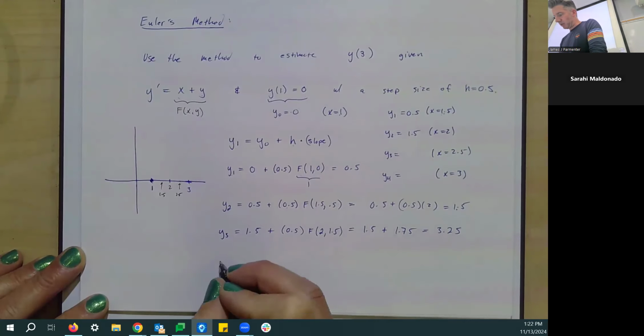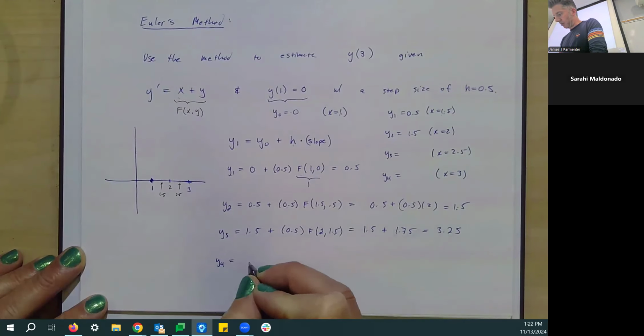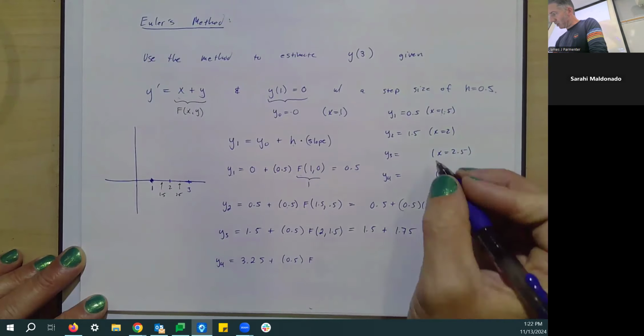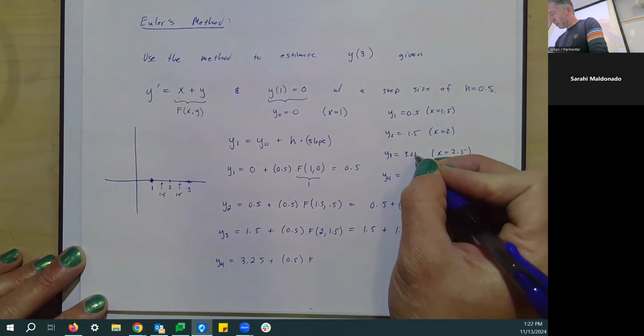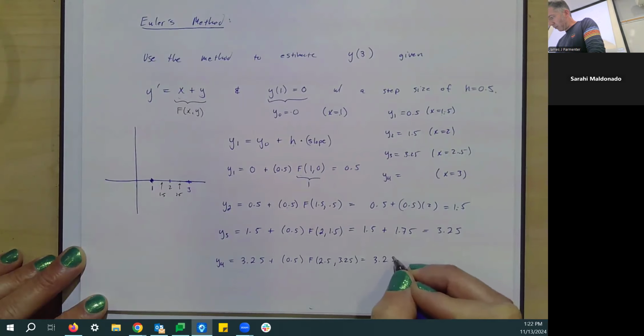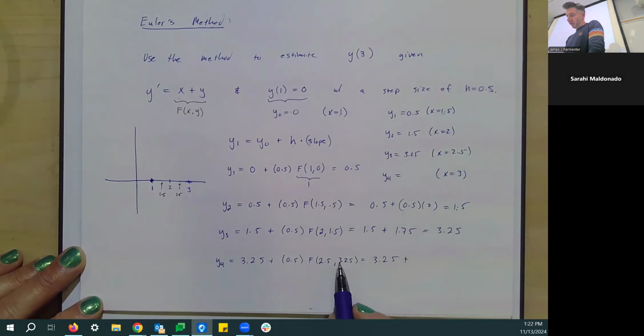And then lastly, y sub 4 is going to be 3.25 plus, again, 0.5 times f of my previous point, which was 2.5 comma 3.25, which is going to give me 3.25 plus 2.5, which is 5.75.